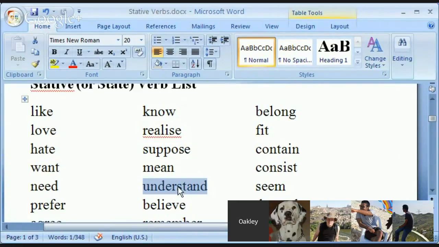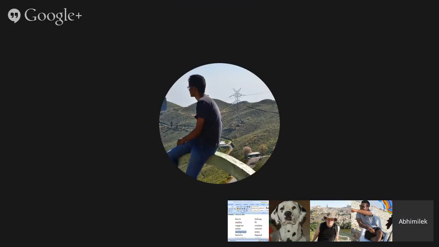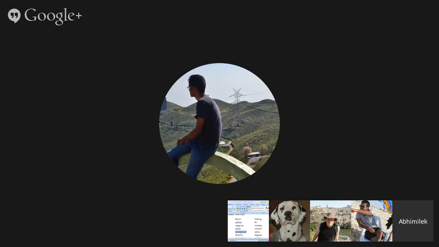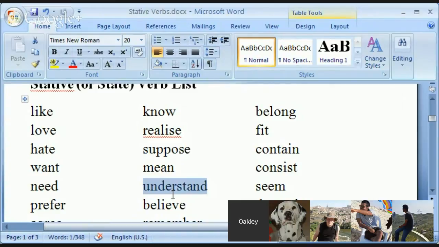On the other hand, if we jump down a little and we look at understand, Abimelech, how about understand? Can we use this in a continuous form? I don't think so. I don't think so either. All right. So these two words are very similar in meaning, but understand is always stative. So this is where it can be a little bit confusing.